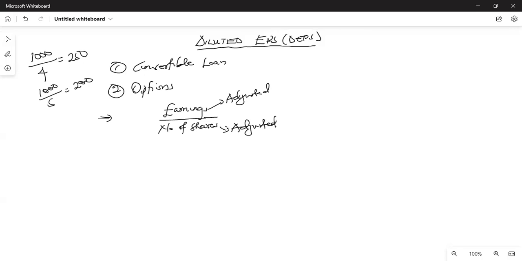Therefore, we need to adjust these two elements that you already know.